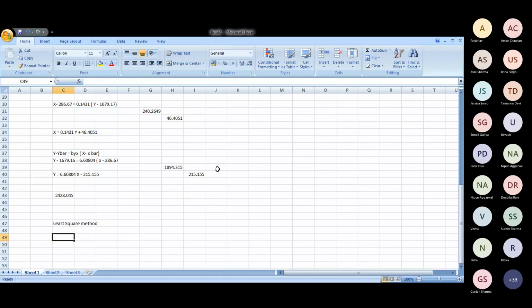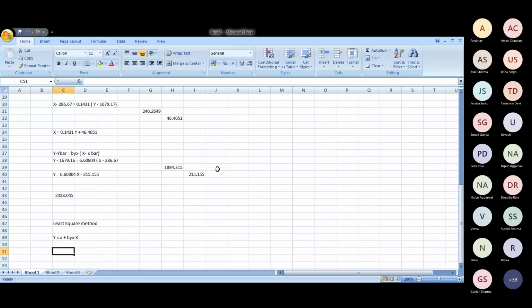So the least square method says if we want to find the regression line of y on x, first write the general line of y on x. So y is equal to a plus byx x. That will be the general line.